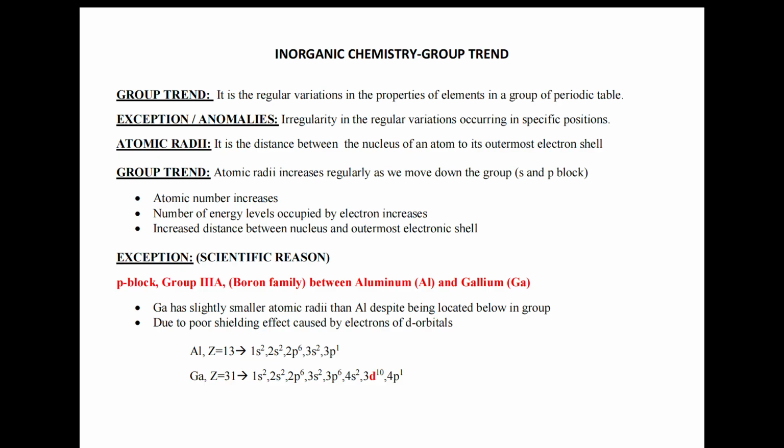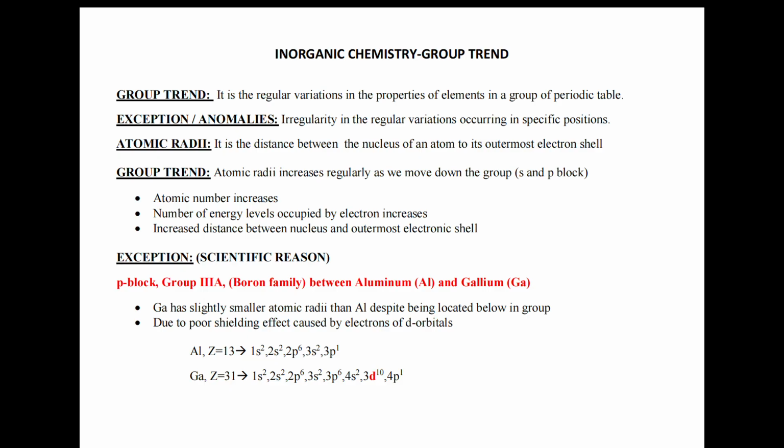I have also mentioned the electronic configuration for both the elements, aluminium as well as gallium. For aluminium, you can see the outermost energy level is 3s2, 3p1. So here the s and p orbitals are involved. But for gallium, you can see that you have 3d10 and 4p.